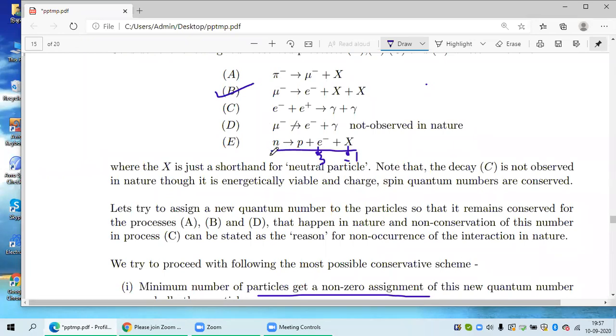So if I assume L value of n to be 0, P should be how much? -2. And there are multiple possibilities. N and P are such particles that they take part in many reactions.